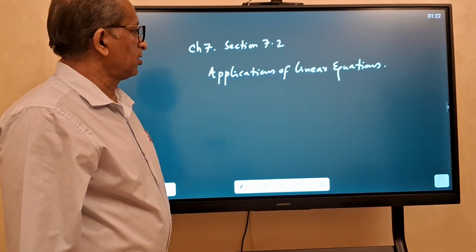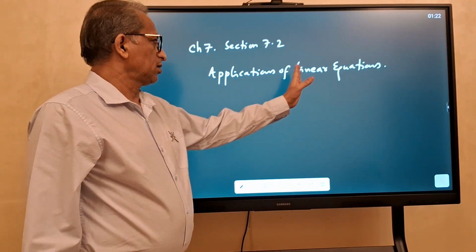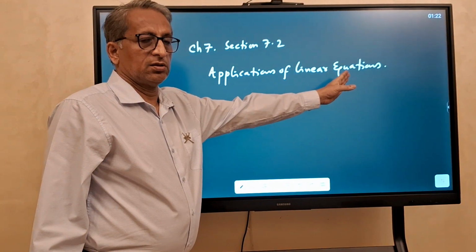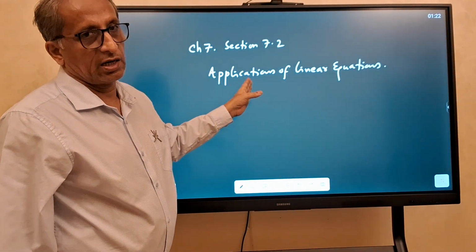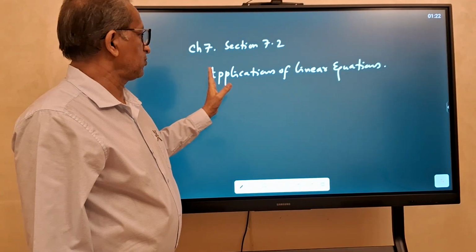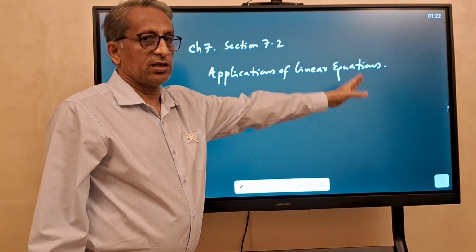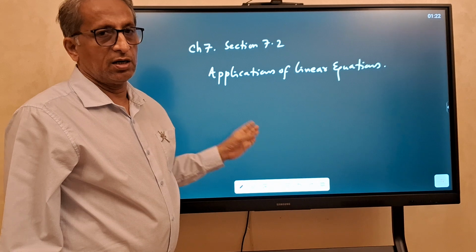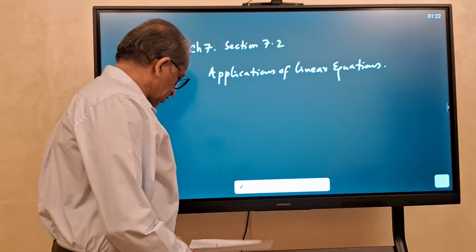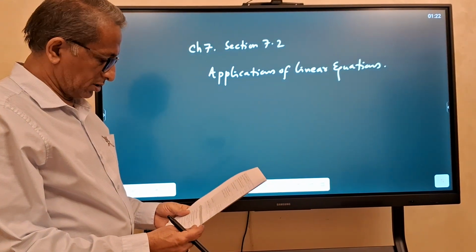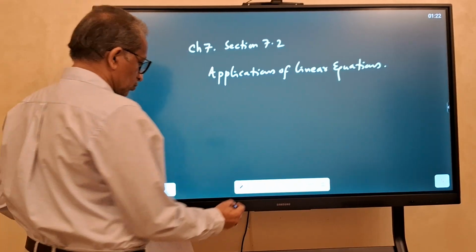In this section, we are going to apply linear equations to solving real life problems. So let's come to the examples in section 7.2.